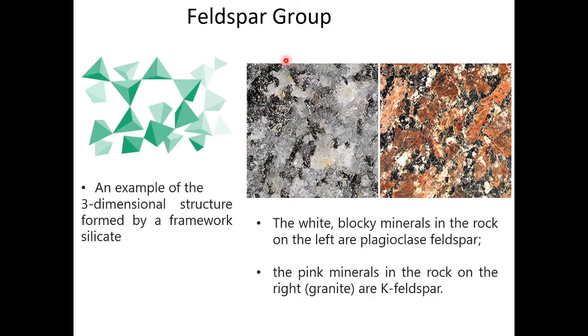Right. So this is the arrangement of feldspar, with some cations in between, and this is the plagioclase feldspar, the white mineral, and here the orange mineral is K feldspar, which is in granite rock.